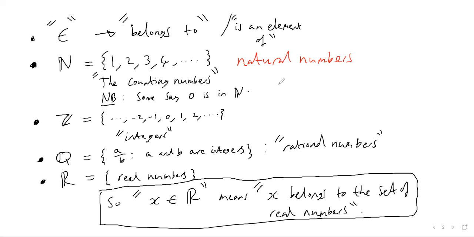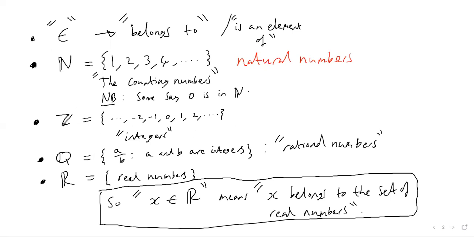There is a philosophical debate about whether 0 is or isn't a natural number. In most exam boards, they say that 0 is not a natural number, but there are many professors who say that 0 is a natural number. So just something to be aware of, but nothing major. You're not going to lose marks for including or excluding 0 from the natural numbers.